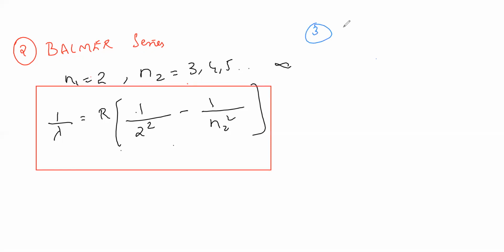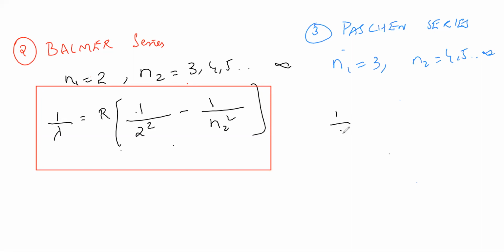Third one, Paschen series. So in Paschen series, n1 is equal to 3 and n2 starts from 4, 5 up to infinity.